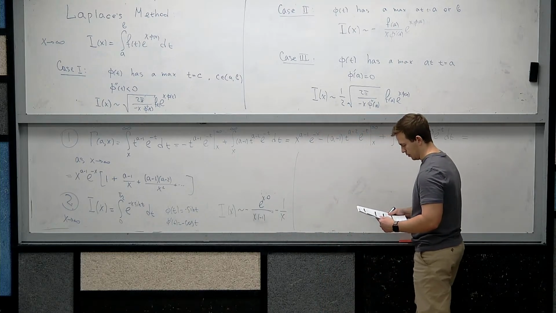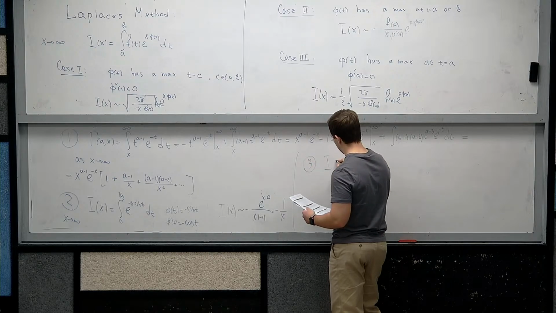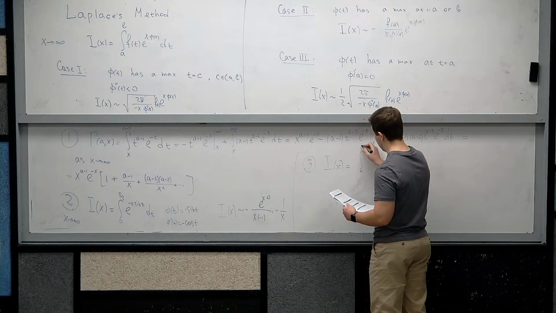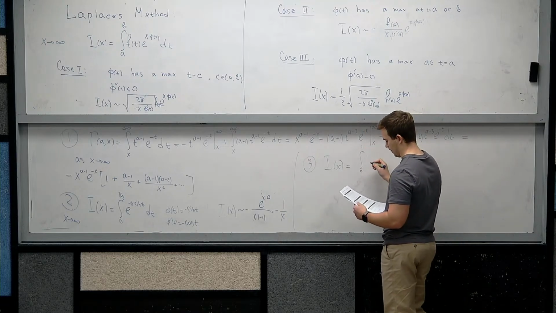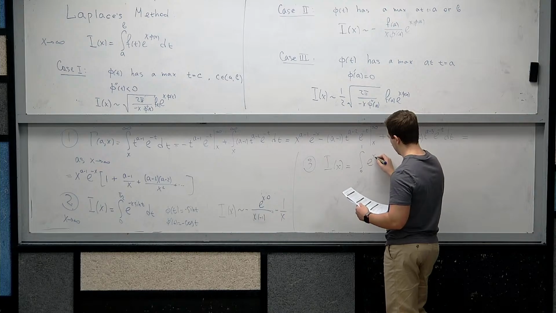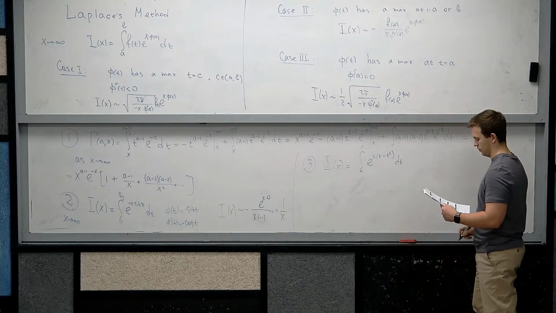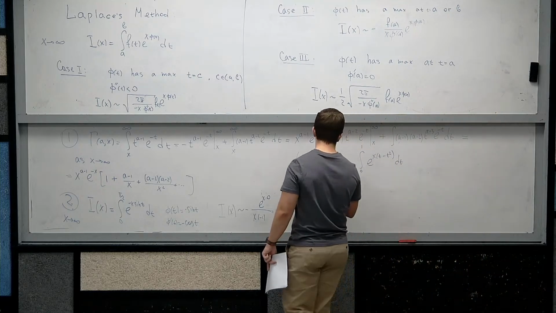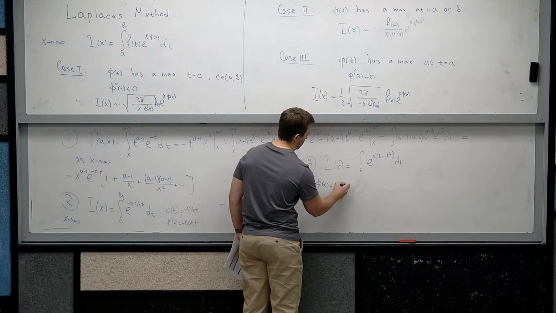So the next one, f(x) is the integral from 0 to 1 of e^(x(t - t squared)) dt. Here phi of t is t minus t squared.